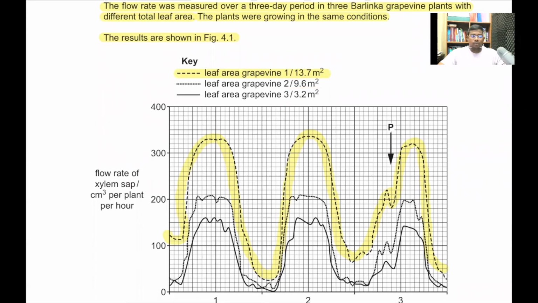And the greater the total area of leaf, obviously there will be more stomata. Grapevine 1 has the highest transpiration rate and highest number of stomata, whereas grapevine 3 has the lowest surface area and lowest number of stomata, and as a result, the lowest transpiration rate.